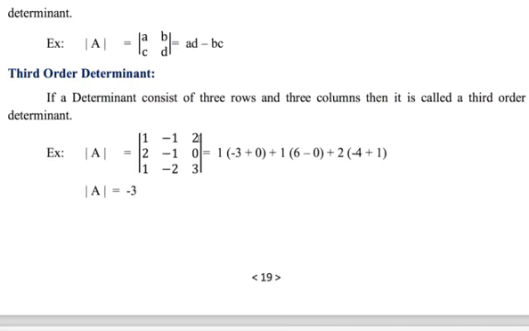Again you omit the row and the column involved, and find the second order determinant with the leftover elements, 2 3 2 0 1 3. So 6 minus 0. The third one will be positive, so you omit its row and column this time. So plus 2 into the second order determinant of this, minus 4 plus 1. That is how you find a third order determinant.